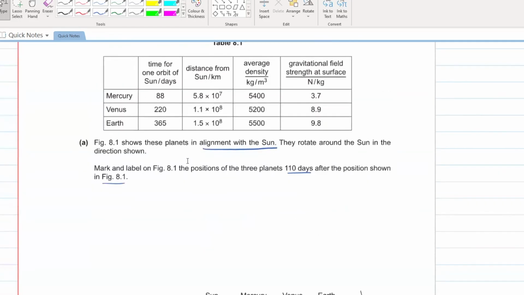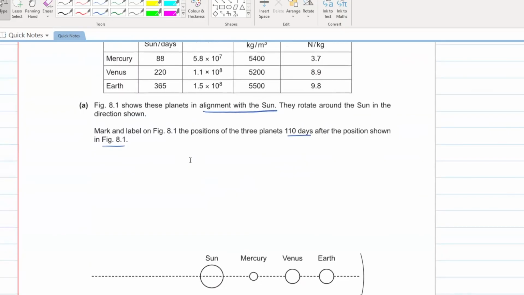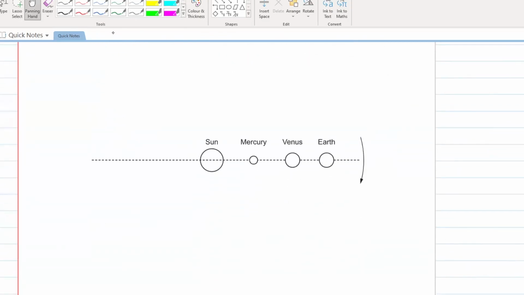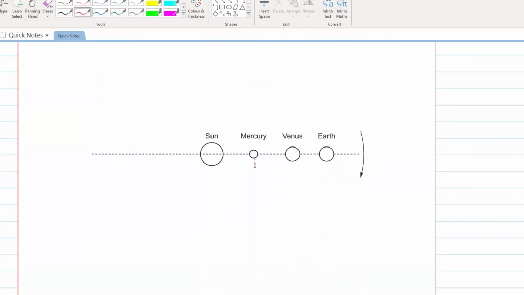Now, first of all, how will you visualize what will happen? The first and foremost thing you need to know is that whenever a planet completely rotates around the Sun, it covers 360 degrees.